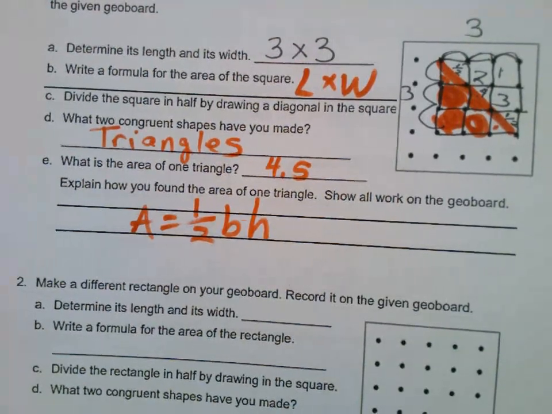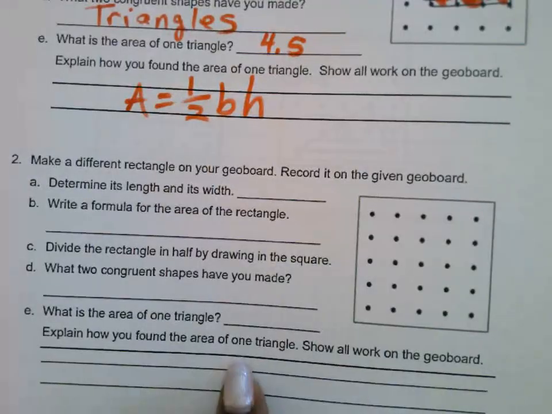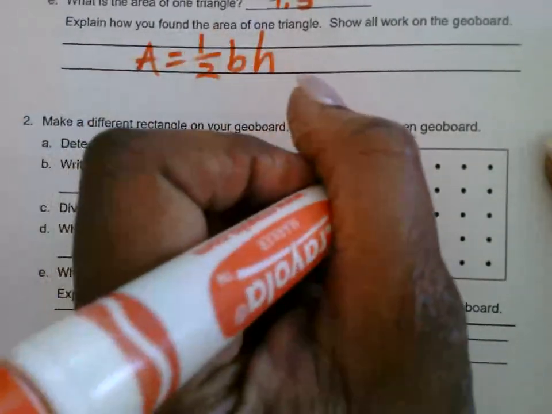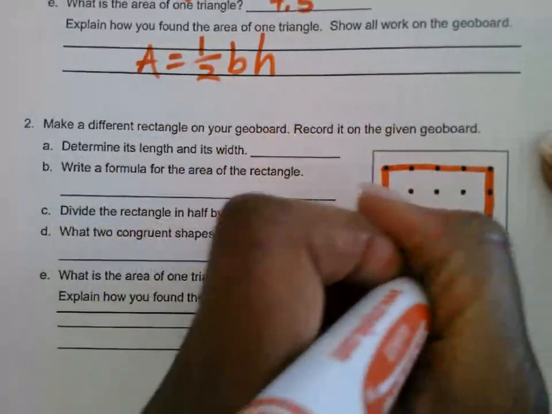All right, now on number 2, you're going to draw your own rectangle and draw your own triangle and find the area of it. I'm going bold.